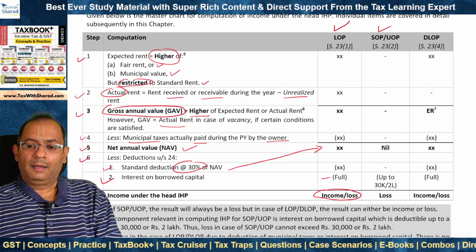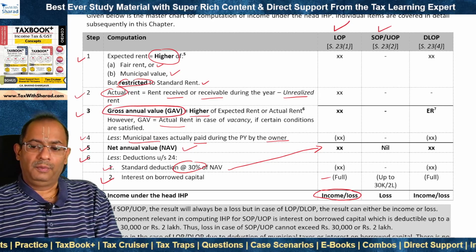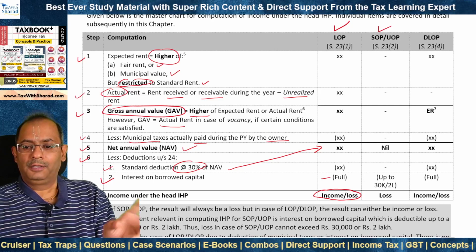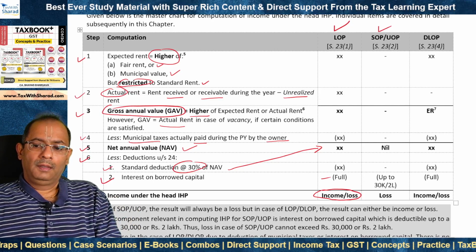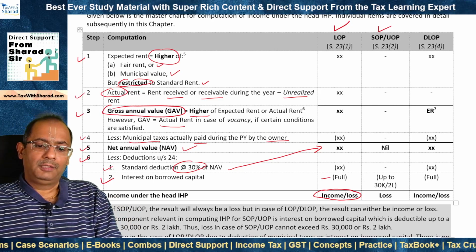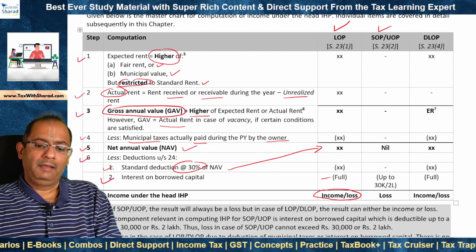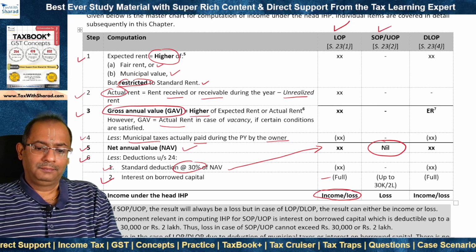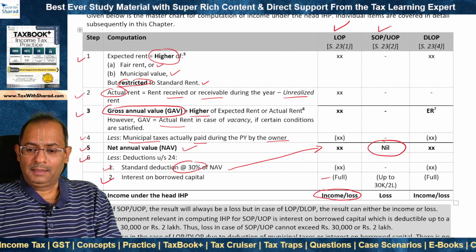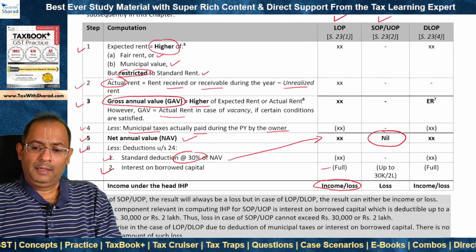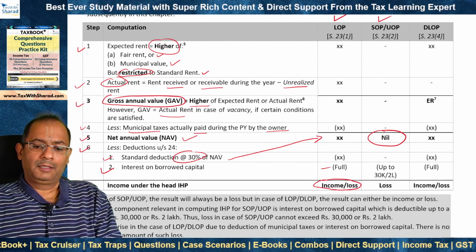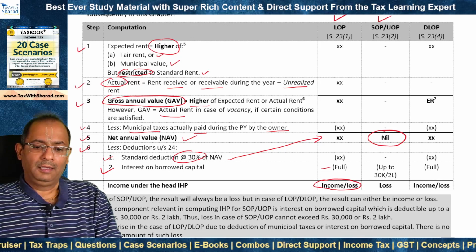Now we look at computation for a SOP or UOP. And as we know, the computation mechanism is the same for SOP as well as UOP. For an SOP or UOP, straight away we jump to step 5, which is the NAV, and this is taken as nil. Consequently, as far as deductions under section 24 are concerned, a standard deduction is not relevant because the NAV itself is nil.